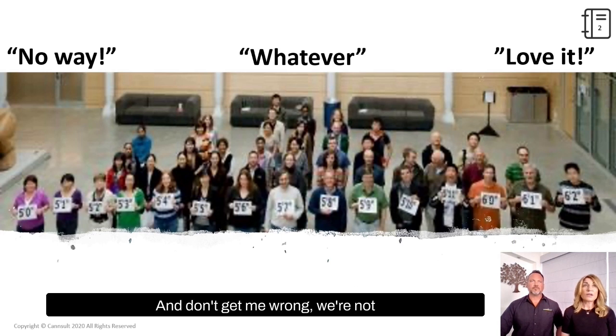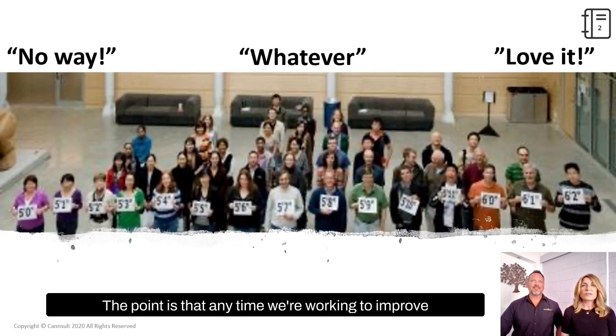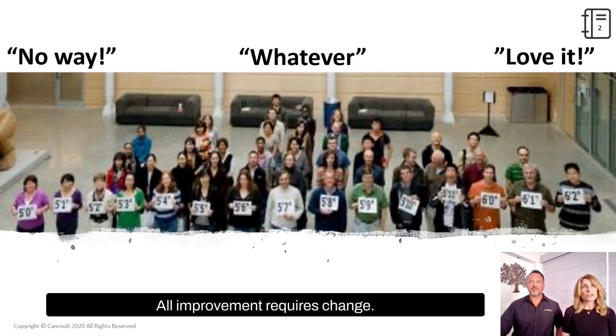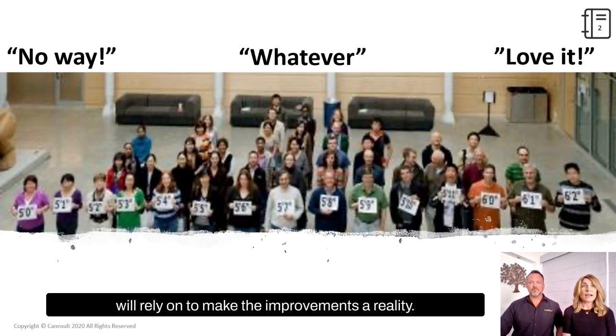And don't get me wrong, we're not saying that short people hate change. The point is that anytime we're working to improve something, it means that we intend to make some changes. All improvement requires change, but as the people on the left side of this picture will tell you, not all change is an improvement. This matters because when you're starting a project, you need to be highly in tune with those people who you will rely on to make the improvement a reality.